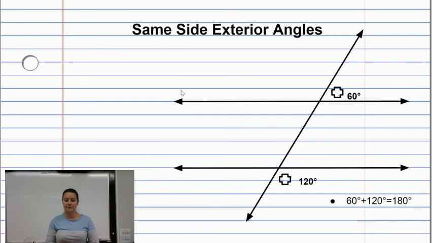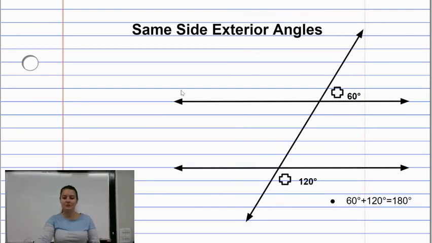Let's look at another pair. So we have our little crosses, our big addition signs, and they are on the same side of the transversal. They are on the right of the transversal. Are they outside of our parallel lines? Yes, they are outside of the parallel lines. And when you add up 60 degrees and 120 degrees, you get 180 again, which makes them supplementary.